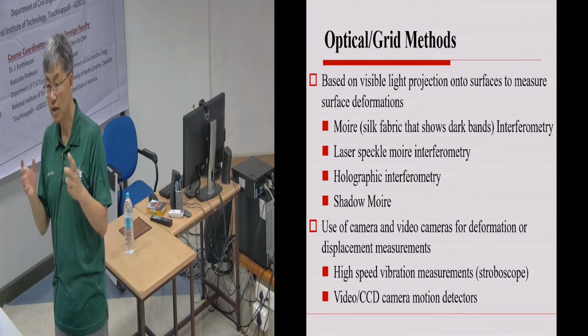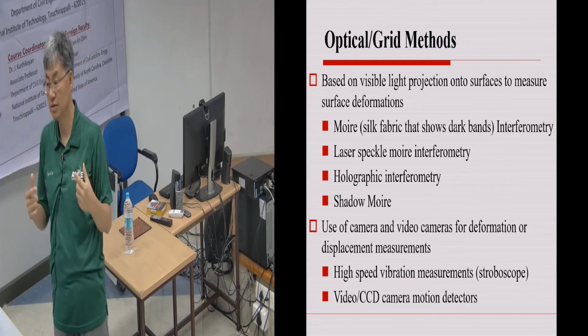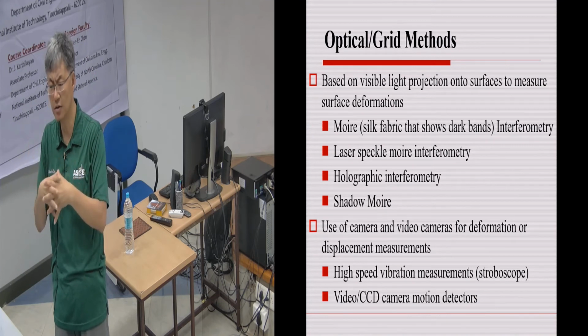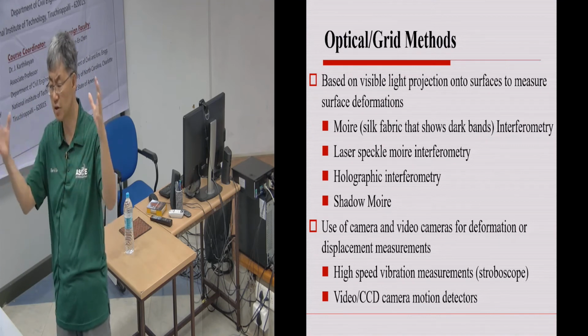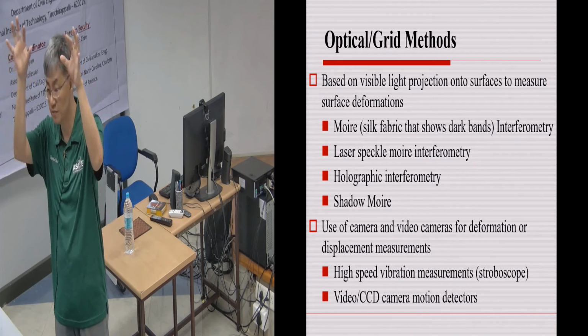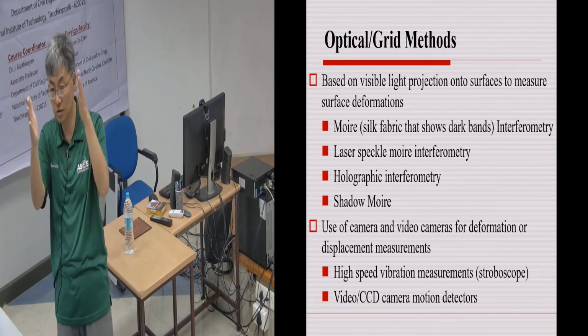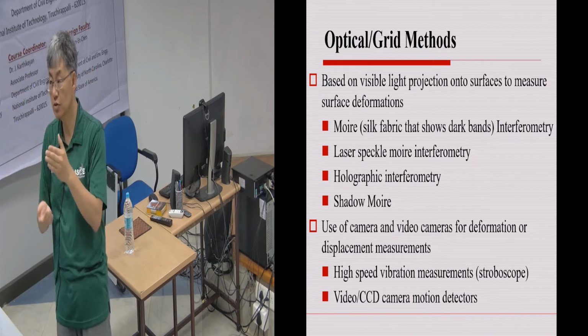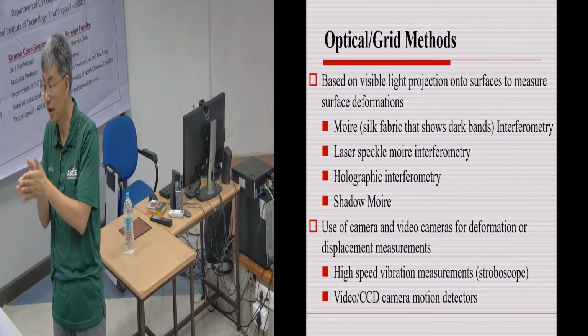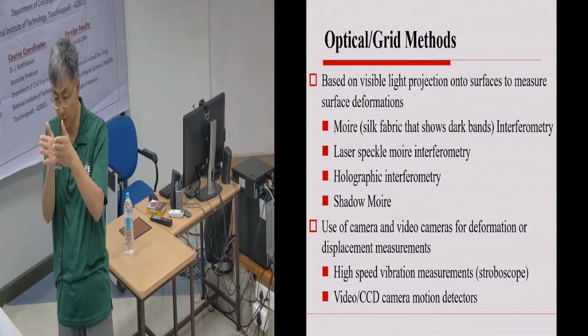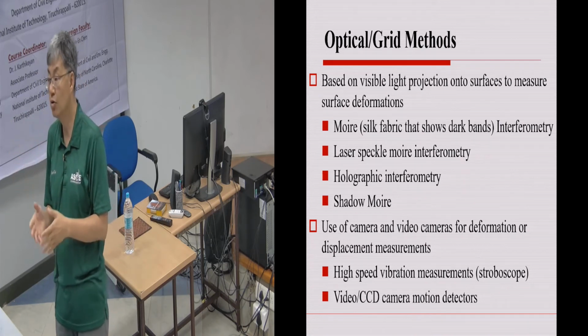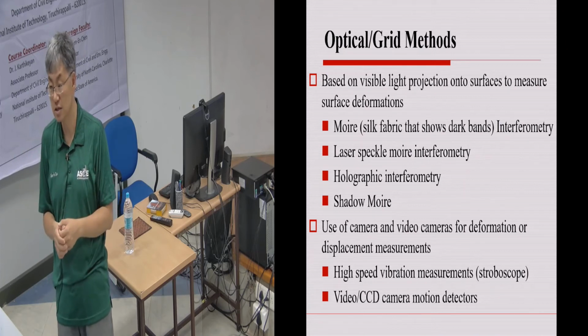But you cannot just use regular light, okay, because regular light is dispersive, because there are so many bandwidth involved, and also it's all visible light. So you need to use laser, which is narrow band. You only use one band or two band lasers, or other techniques such as moire.